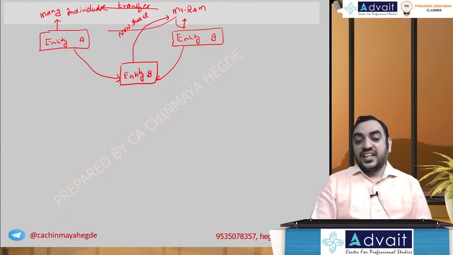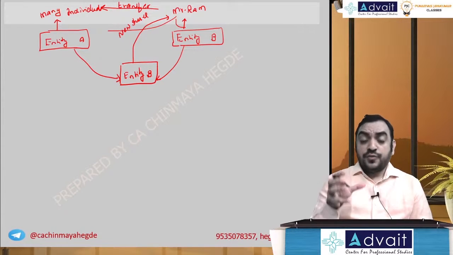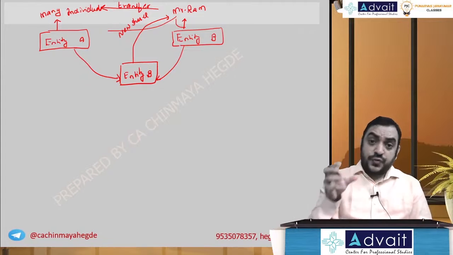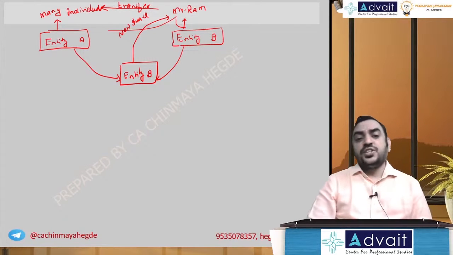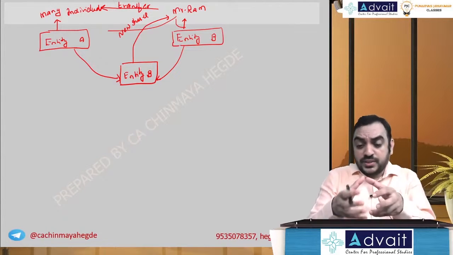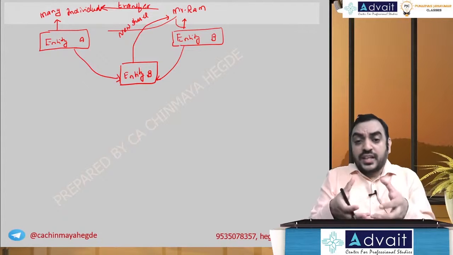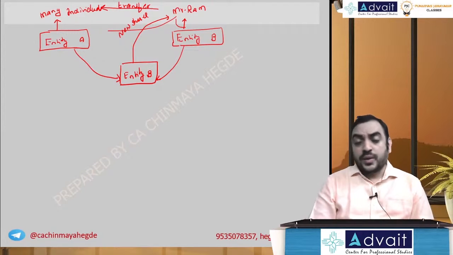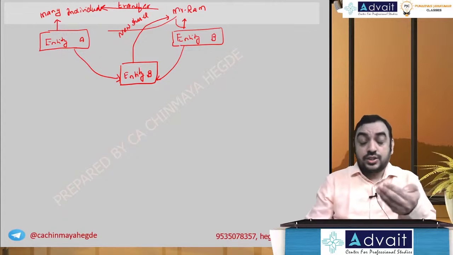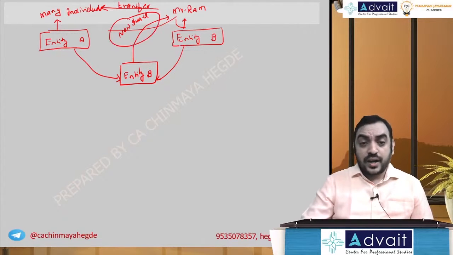Instead of issuing the shares directly to the individuals, it is first issued to Ram and then Ram issues them to the many individuals. So you should not say that Mr. Ram controls A also, Mr. Ram controls B also, so A and B coming together means it is under common control. You should not say like that, because the fact of transferring the shares to Ram and then to the owners of A is transitory.